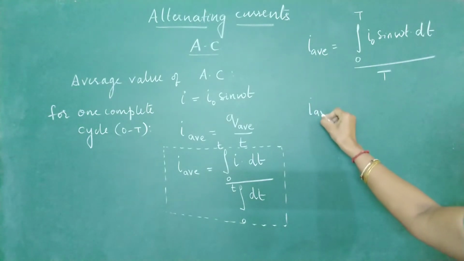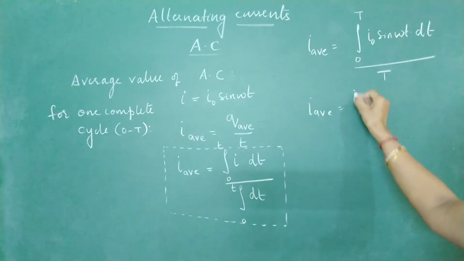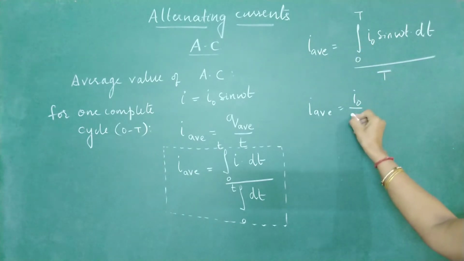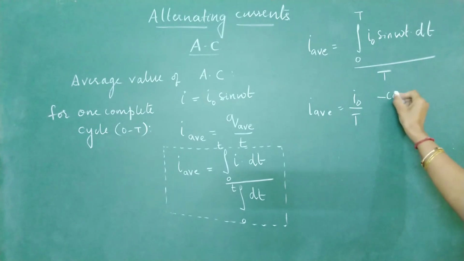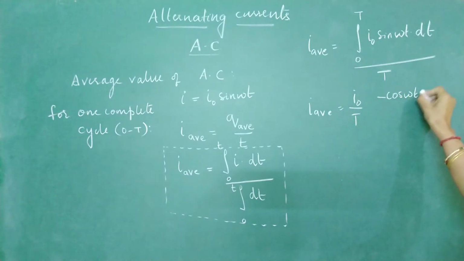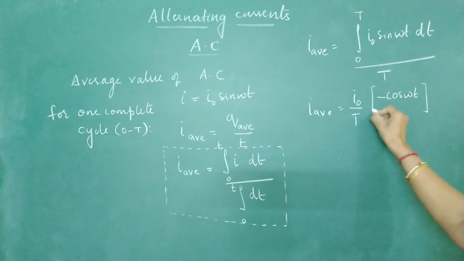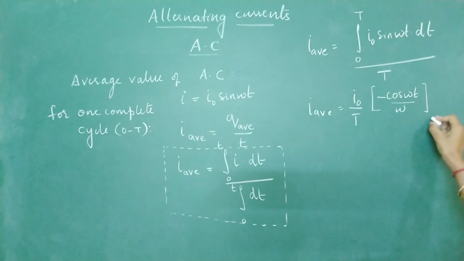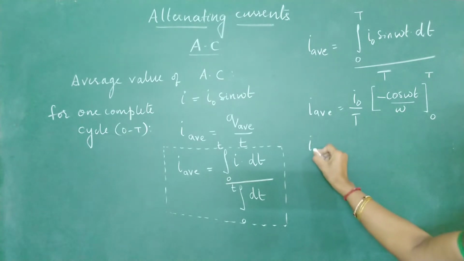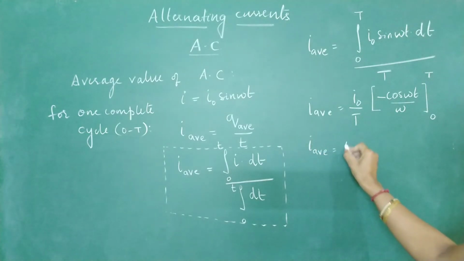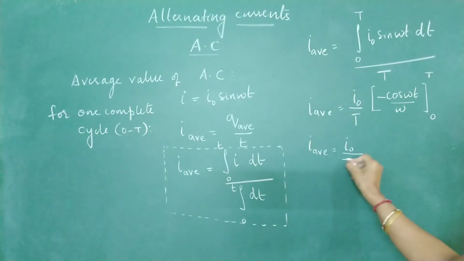Or I average equals, take out this I naught outside, by T, the integral of sine omega t is minus cos omega t by omega, from 0 to T.